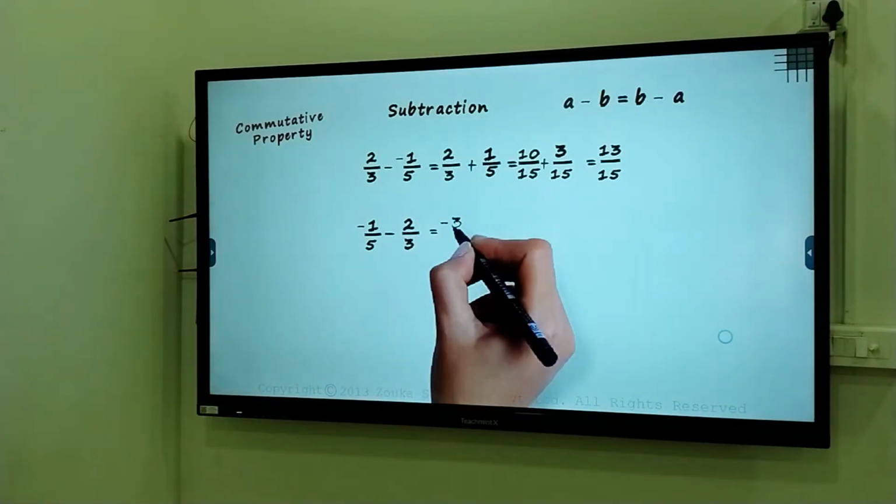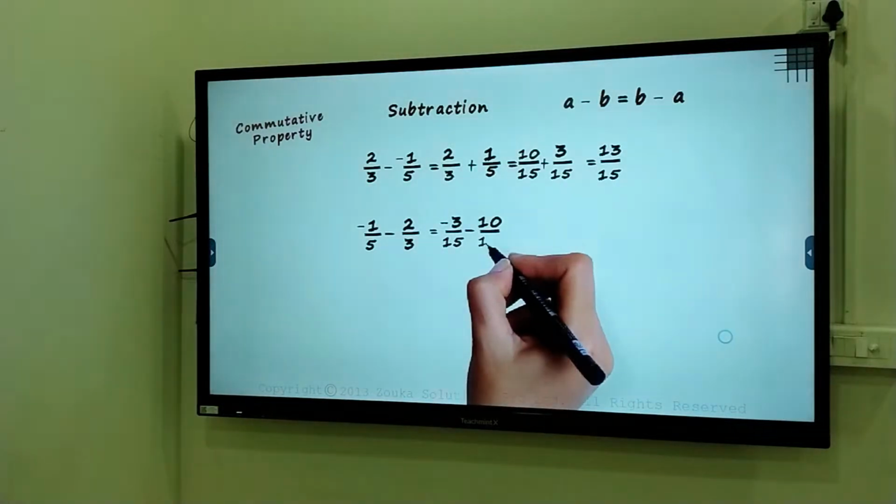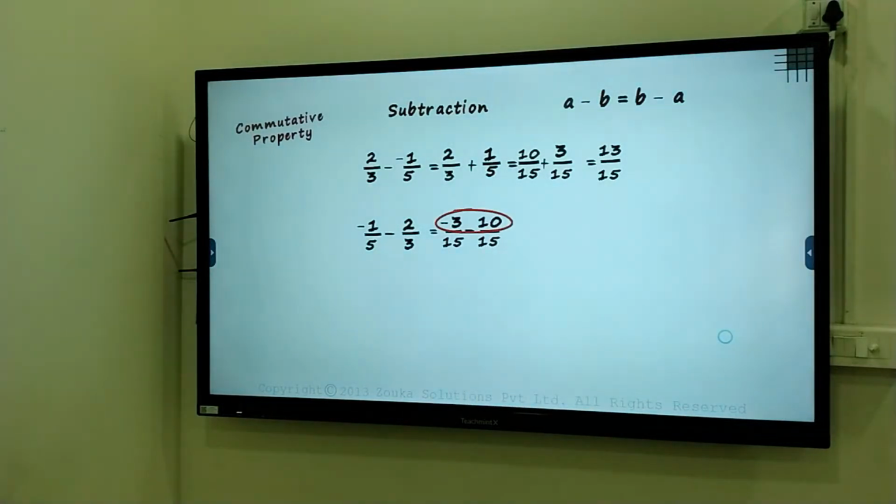This can be written as minus 3 by 15 minus 10 by 15. Subtracting the numerators over the common denominator, we get minus 13 by 15. So we can see 2 by 3 minus 1 by 5 does not equal minus 1 by 5 minus 2 by 3. So this property is never satisfied for subtraction of two different rational numbers.